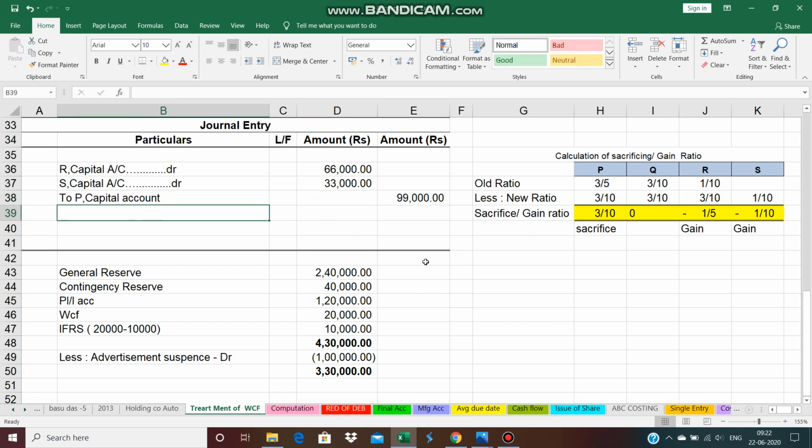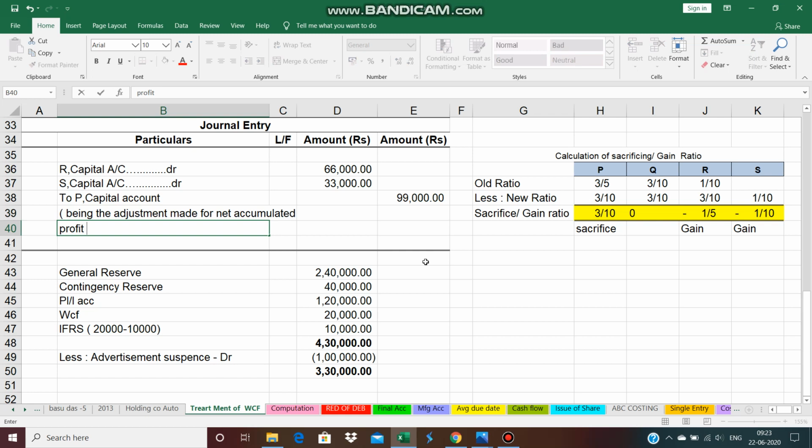In the narration we can write: being the adjustment made for net accumulated profit, losses and reserve. So students, what will be the net amount?